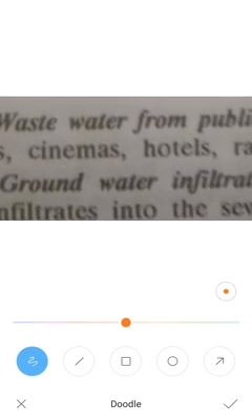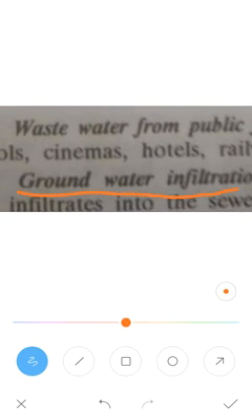This is the groundwater infiltration, the fourth source. In this, the amount of water which comes from the ground to the surface by infiltration is considered.